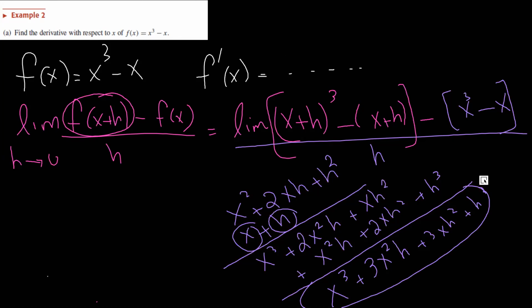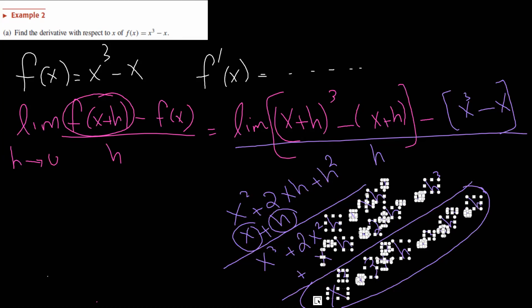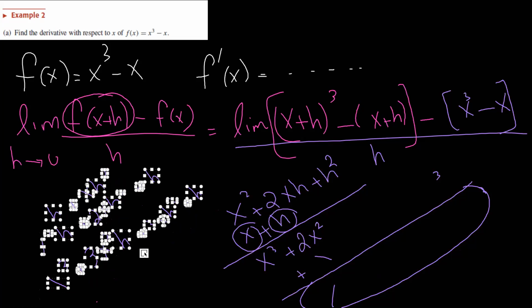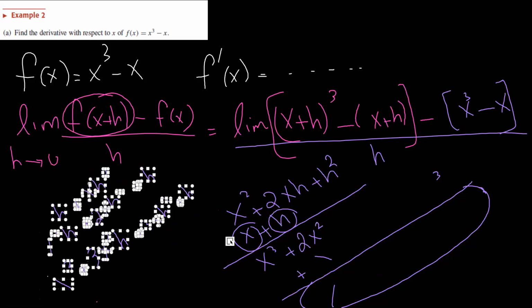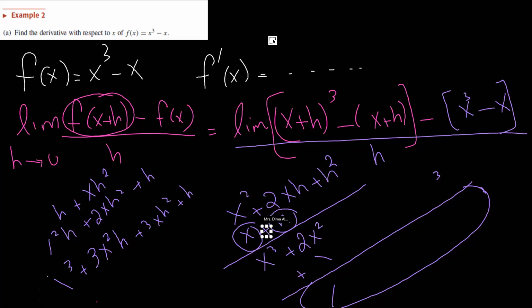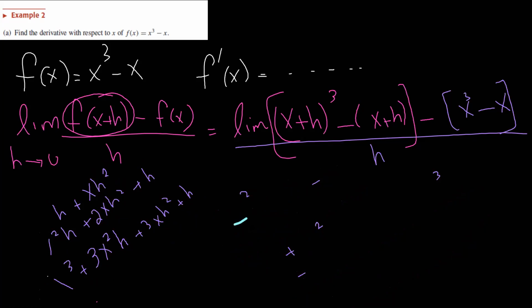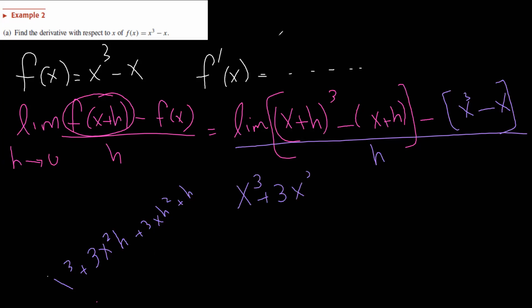So after that, pick this answer now. This one, which is x cubed plus 3x squared h plus 3xh squared plus h cubed.